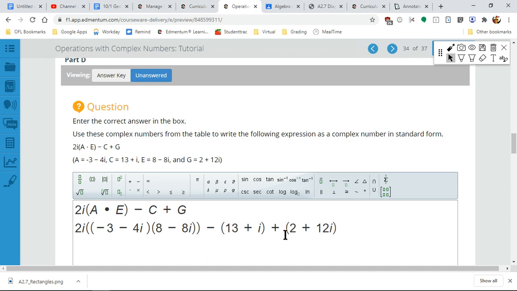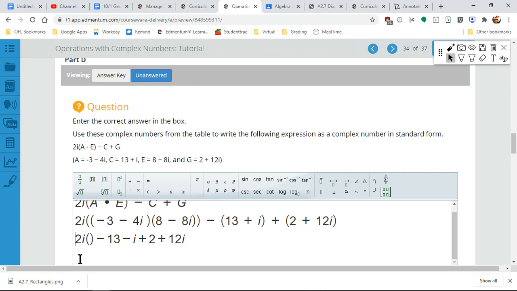So because I can add in any order, I'm probably going to distribute this negative and just do this outside one, honestly just because it's easier. In here, I'm going to have a really long, really complicated one, so I'll do the box method for that. But this one just turns into negative 13 minus I and plus 2 plus 12I.